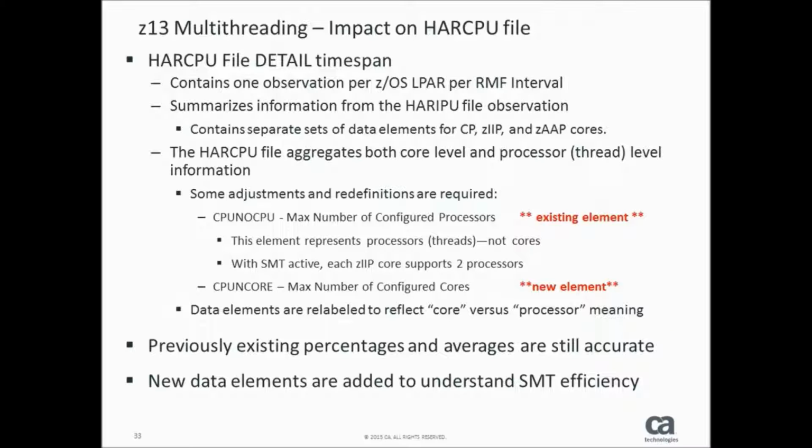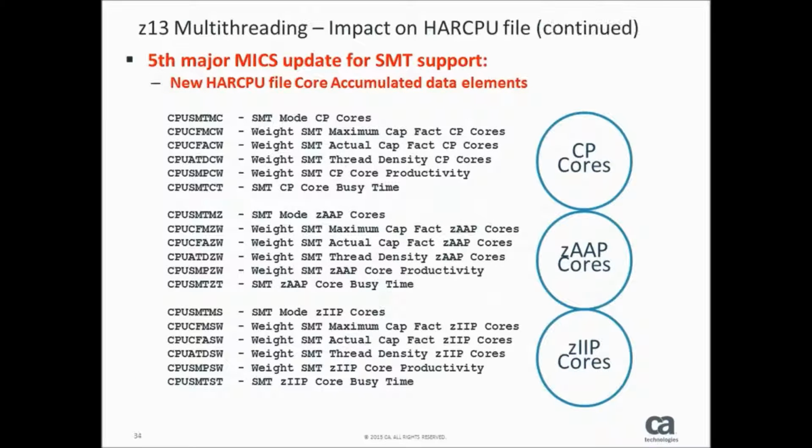All the previous existing busy percentages, MSUs, averages, they're all still accurate. They still mean what they did. We just need to clarify in the doc whether or not you're looking at a core or a processor. We've added the same elements that we added to the IPU file to the CPU file, but we had to do 3 sets of it because, again, a single CPU file observation shows the activity for all the cores for that z/OS LPAR.